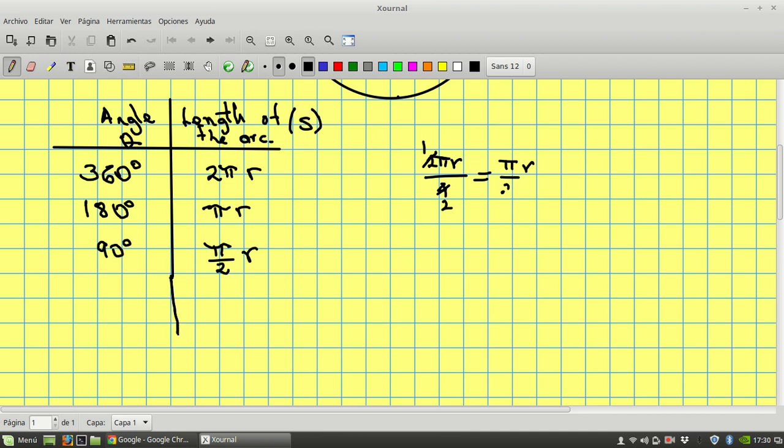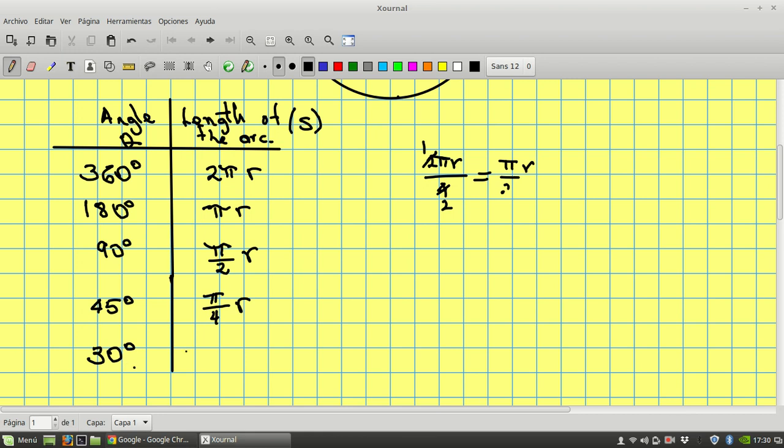And we don't need to be geniuses to understand what happens if I divide the circumference into another part, for example 45 degrees. 45 degrees will be an eighth, and in this case it will be pi over 4 times r. Let's see another value, for example 30 degrees.